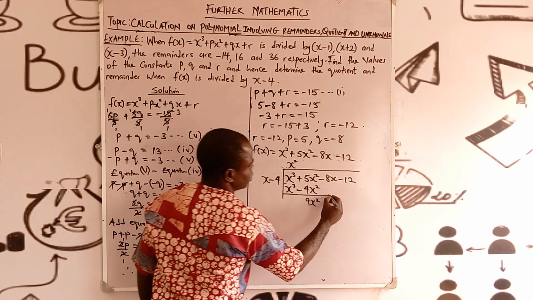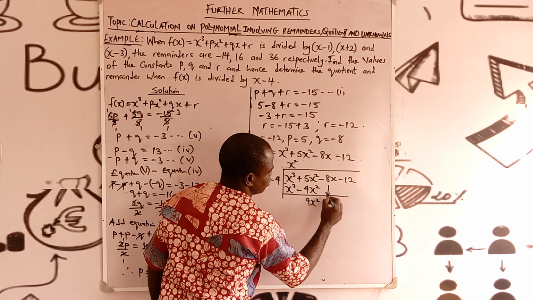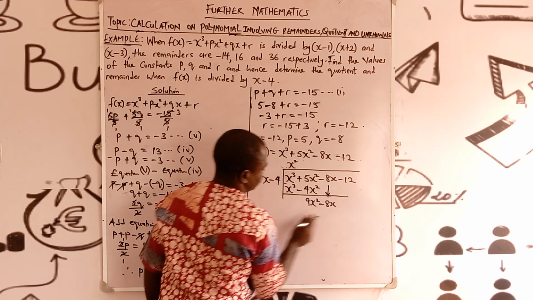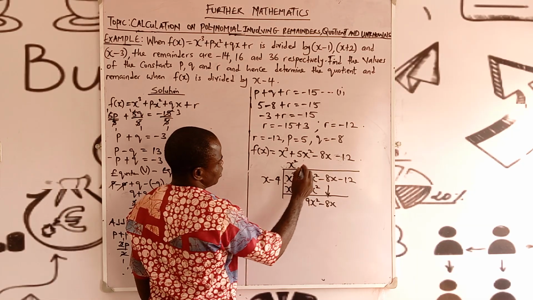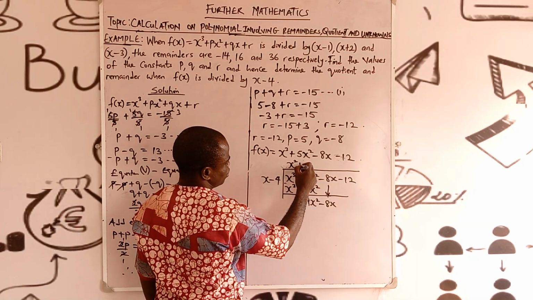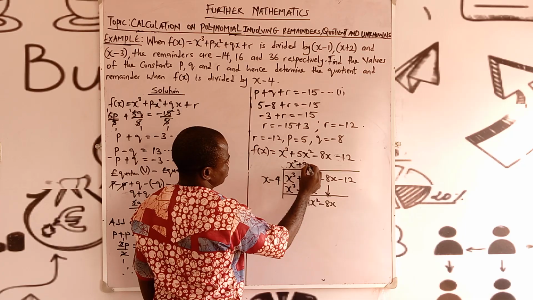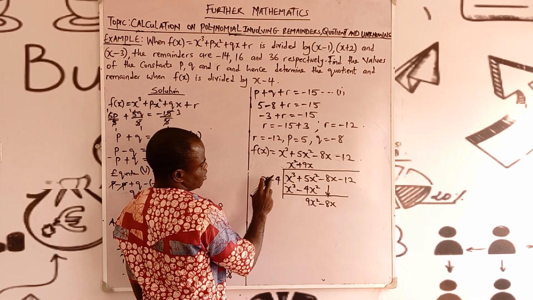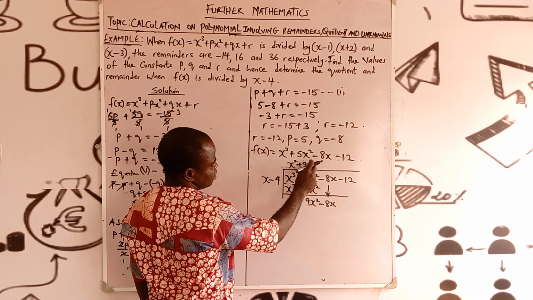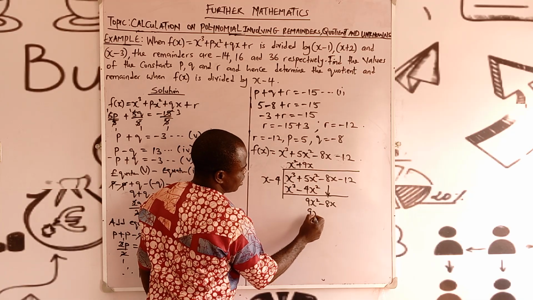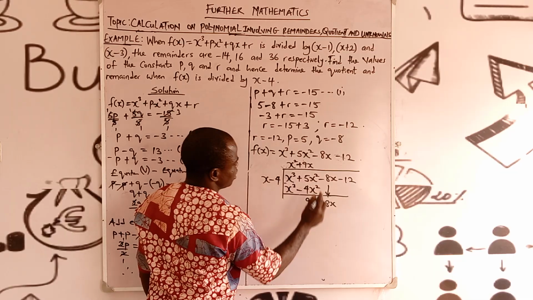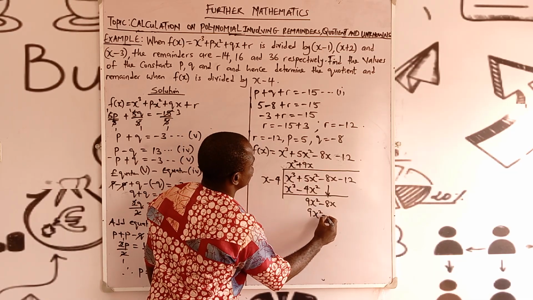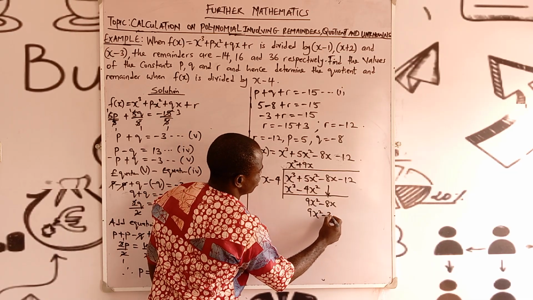Bring down minus 8x. What can you multiply with x that will give us 9x squared? That is plus 9x. x times 9x is 9x squared, minus 4 times 9x is minus 36x.